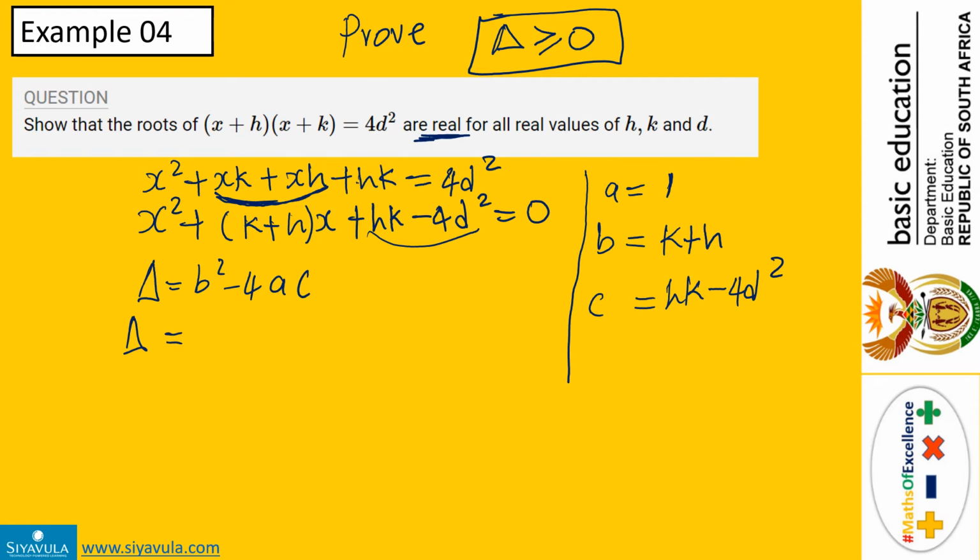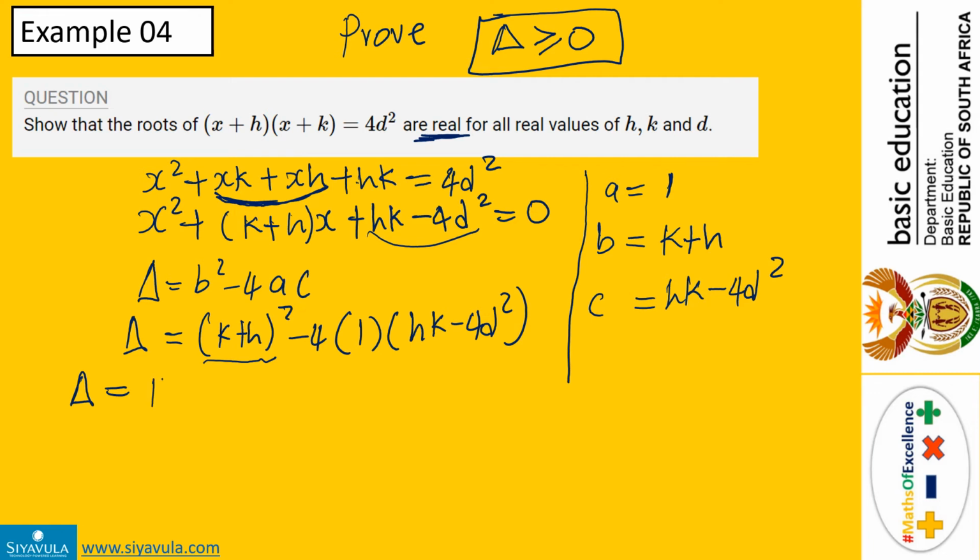So let's go and calculate our delta. Our delta is b². What is our b? It is (k + h)², minus 4 times a, which is 1, times c, which is hk - 4d². Very good. We can expand (k + h)² to be (k + h) multiplied by (k + h).